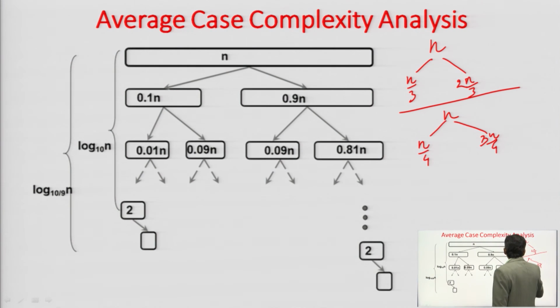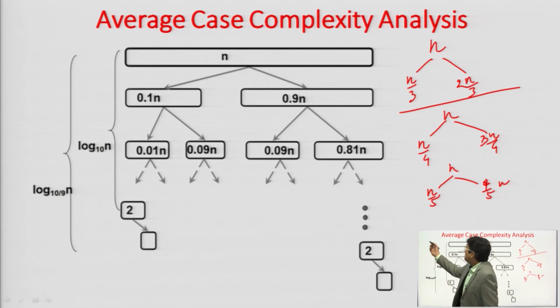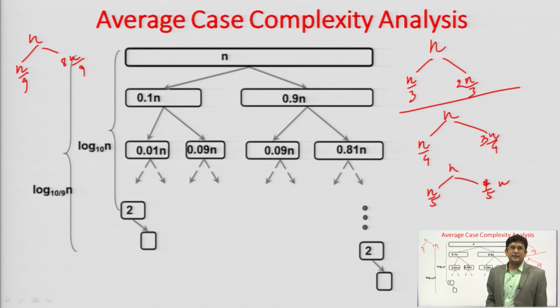Another case may be that you find 1/5 of the elements on the left hand side and then you get 4/5 of the elements on the right hand side. Okay. There may be other conditions also wherein you get 1 by 9 elements on the left hand side and 8 by 9 size elements on the right hand side.